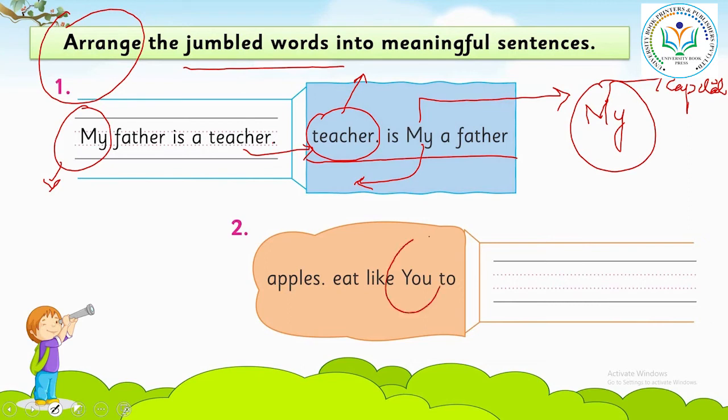You should be at the start because it starts with the capital letter. And apples should be in the last because there is a full stop. So the correct sentence should be you like to eat apples, with a full stop here.